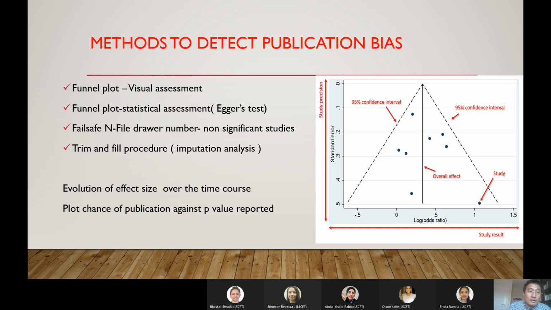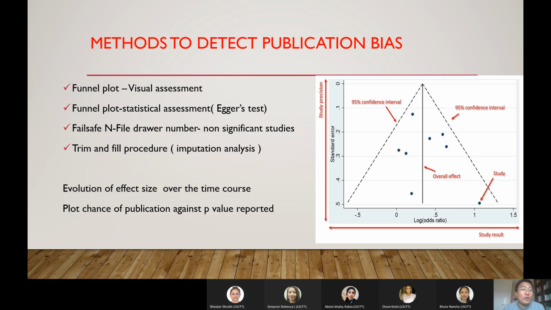A question that can come is, where are the smaller studies? Is it here or here? Down, below. The MCQ is, which of the plots is used to address publication bias? The answer is funnel plot.